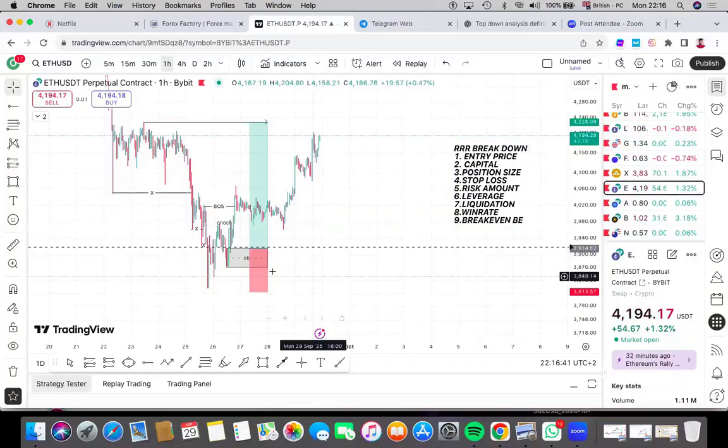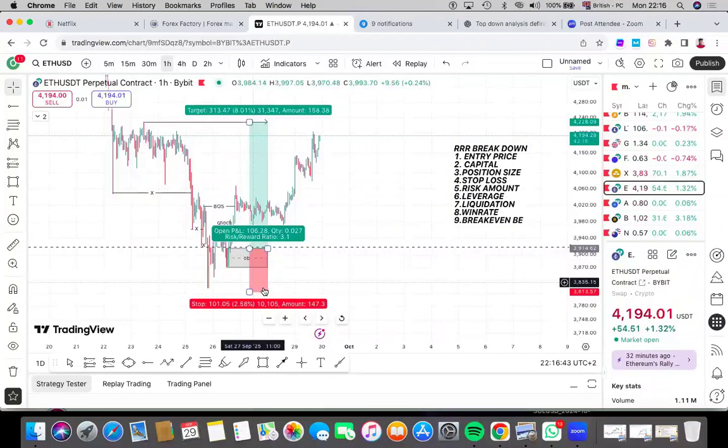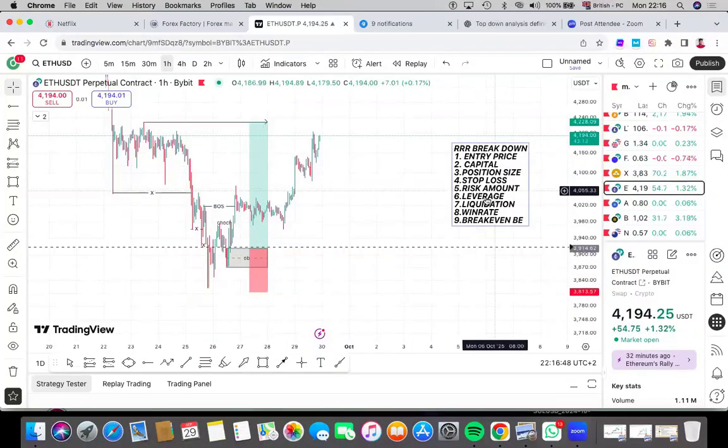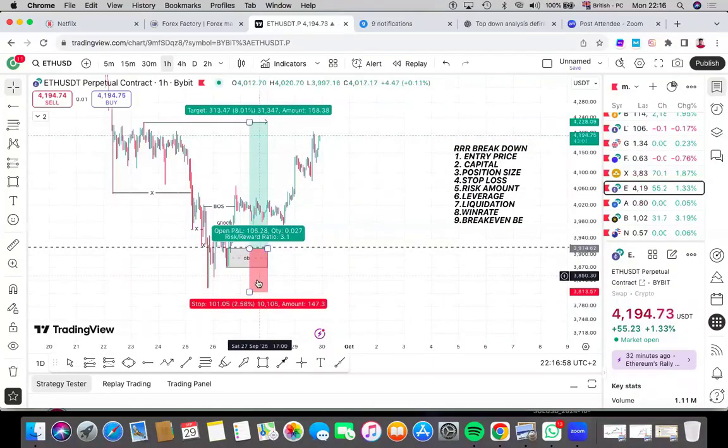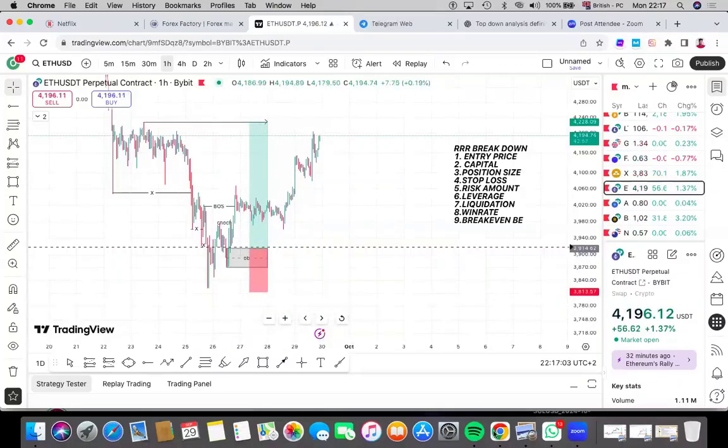So for example, let's do a practical on how you can calculate it. If my risk amount is $10, which is 10% of my capital of $100, and I have my entry price already, and I have my stop loss, which is 2.58%.